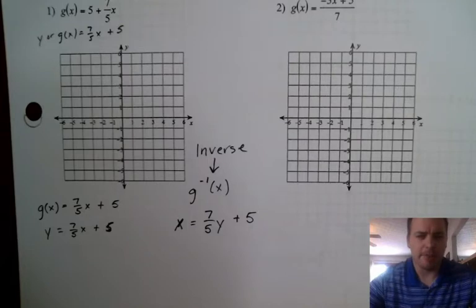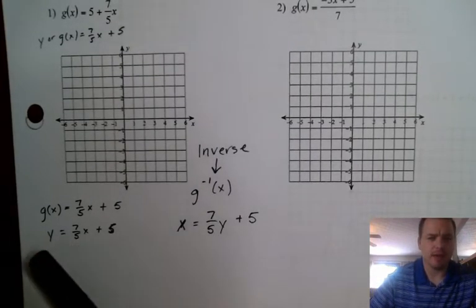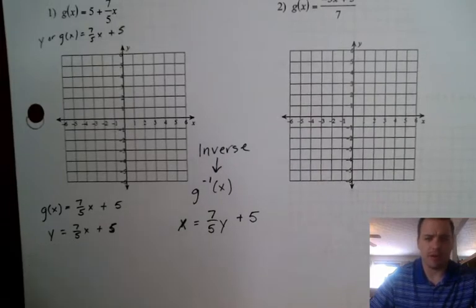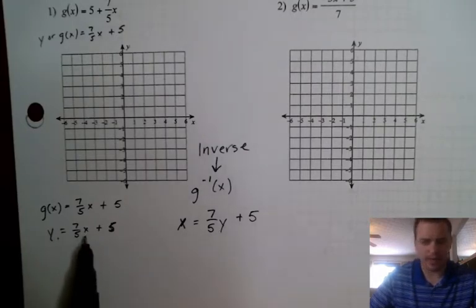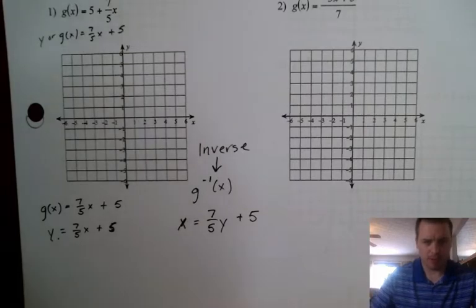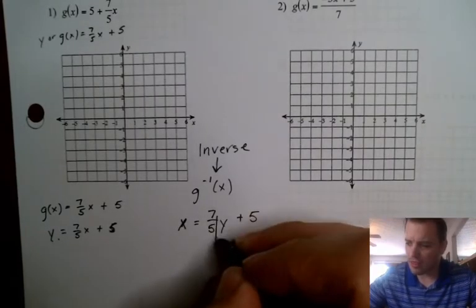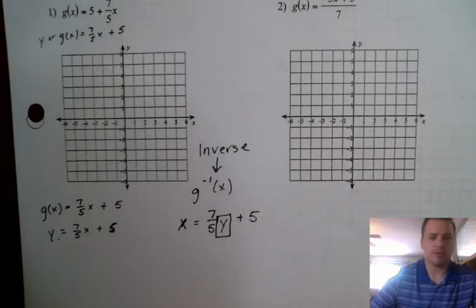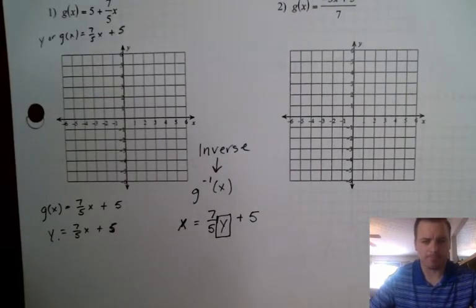Do we all see that? I'm switching the x and the y. Okay? So in inverse, you just switch x and y's. We went from the y being here to the y now being in the x spot, the x being in the y spot. That's the inverse. That's what inverse is. And then what we do from here is we just solve for this y now. So isolate everything to the left side and get that y alone.